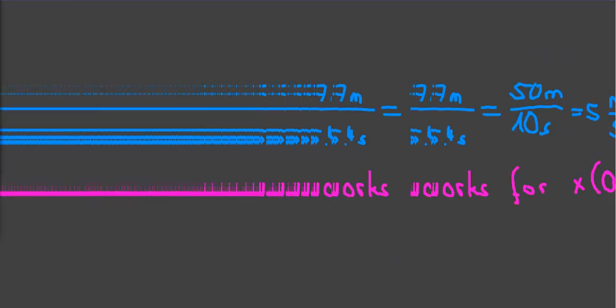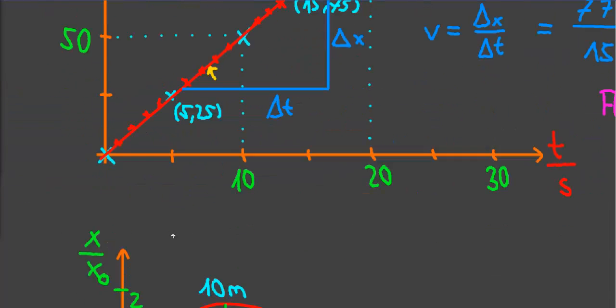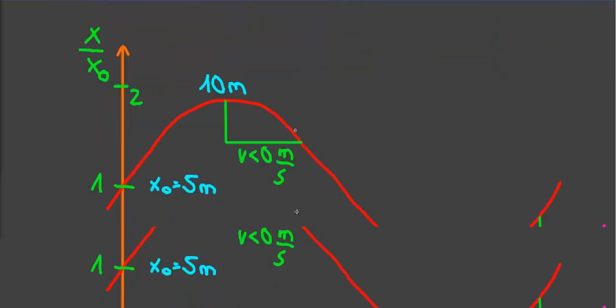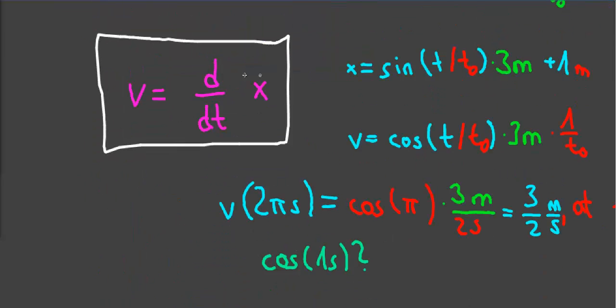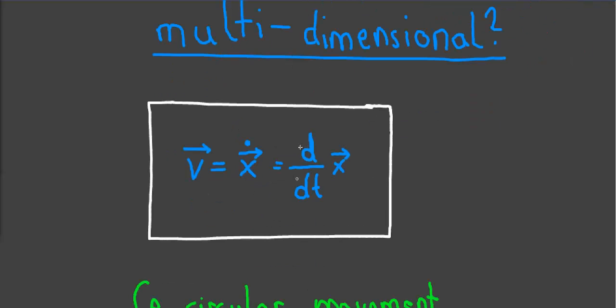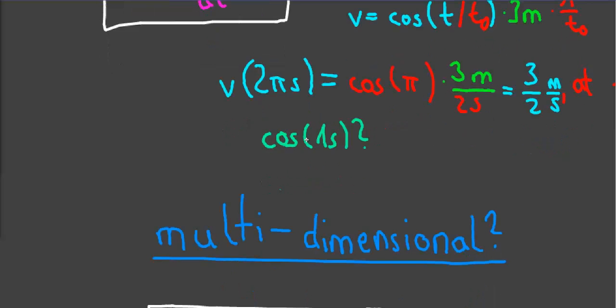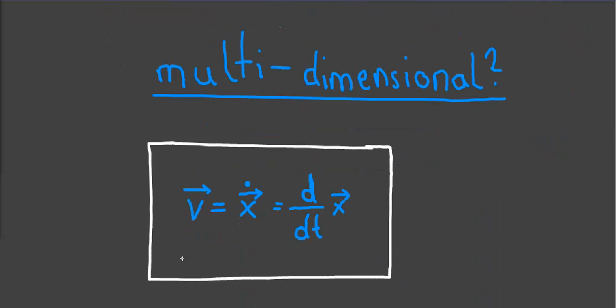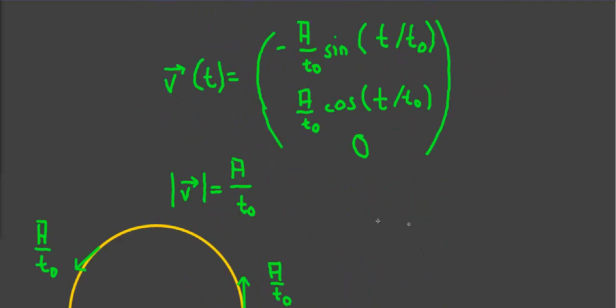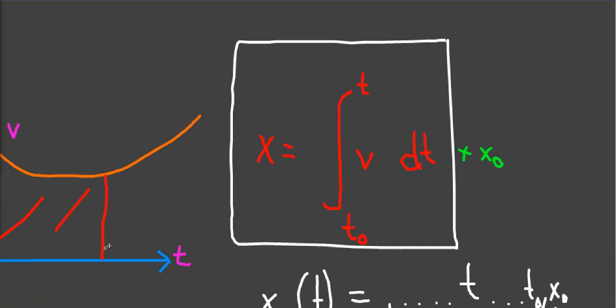Now, when we want to talk about an inconsistent velocity, we have to use the derivative, either the normal derivative with respect to time, or we use the vector derivative with respect to time, which is just the same for all components. And when we do that, we can still get the velocity, but we can also get the total space and the total time by simply reversing the derivative and integrating.